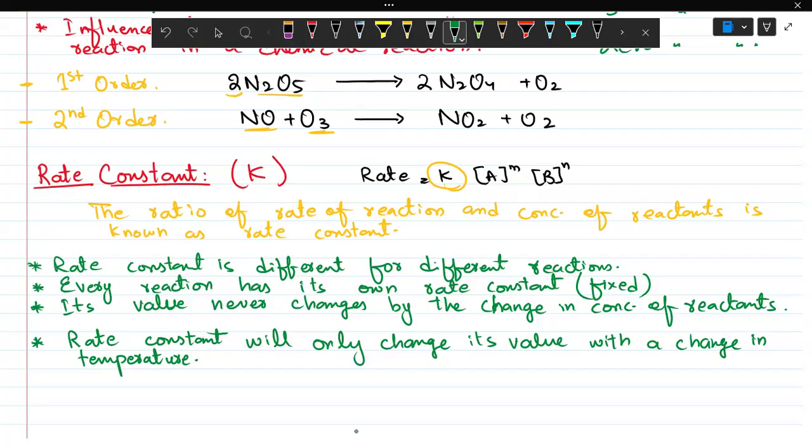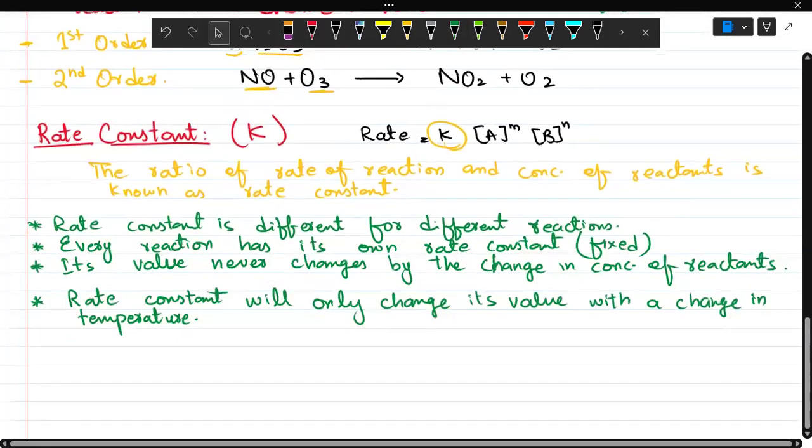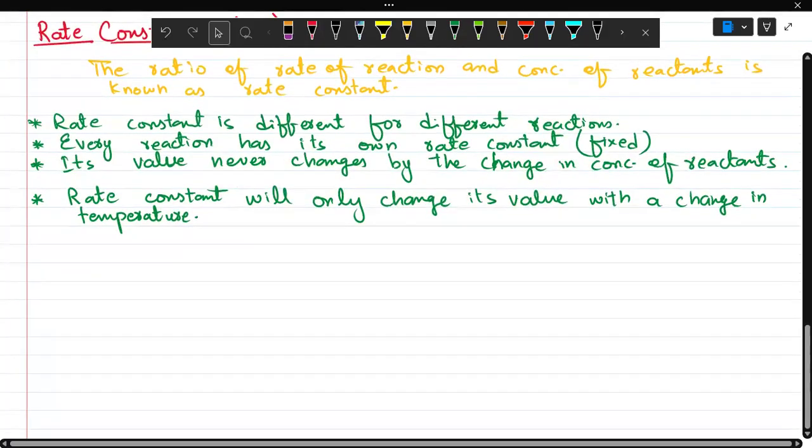Okay. Now let's talk about the order of reaction again, and then some aspects of the first, second, zero, and third order of the reactions.